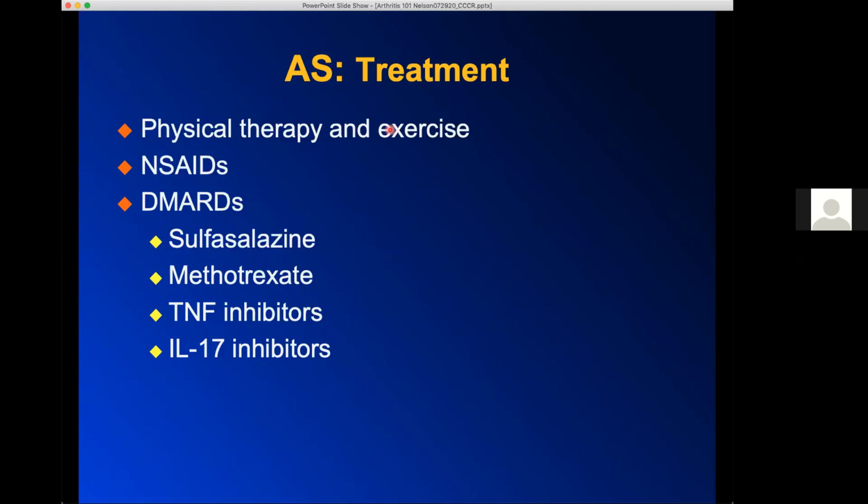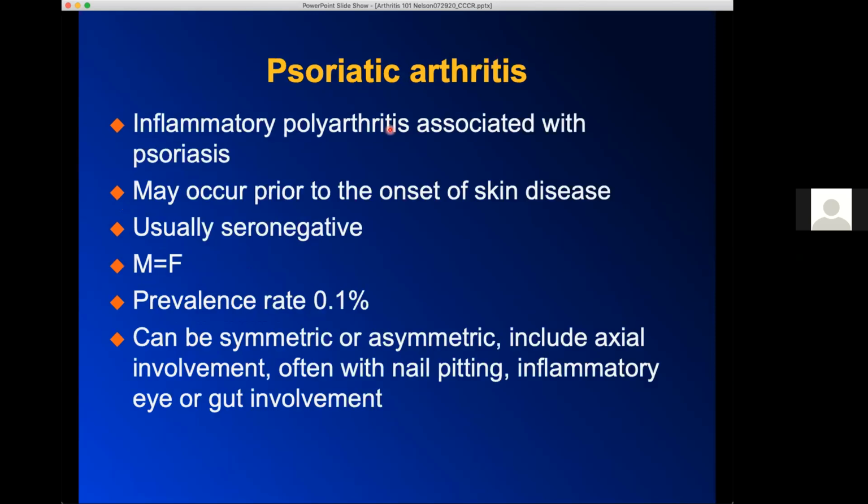Sulfasalazine and methotrexate really don't work for axial disease, but if people have particular peripheral disease, they can be useful adjuncts. But really, we go pretty quickly from NSAIDs to TNF inhibitors for patients with AS now, and sometimes into IL-17, which is a new mechanism that we have available for these folks. So we're able to treat them much better and much more satisfactorily than we were in the past.